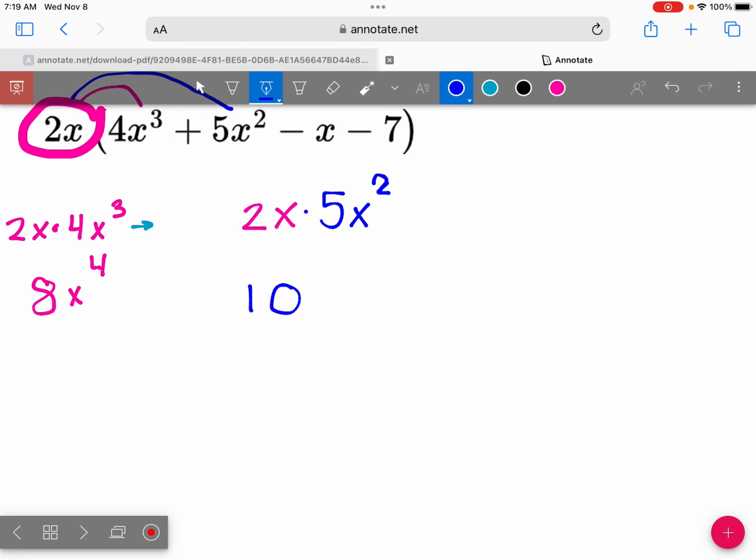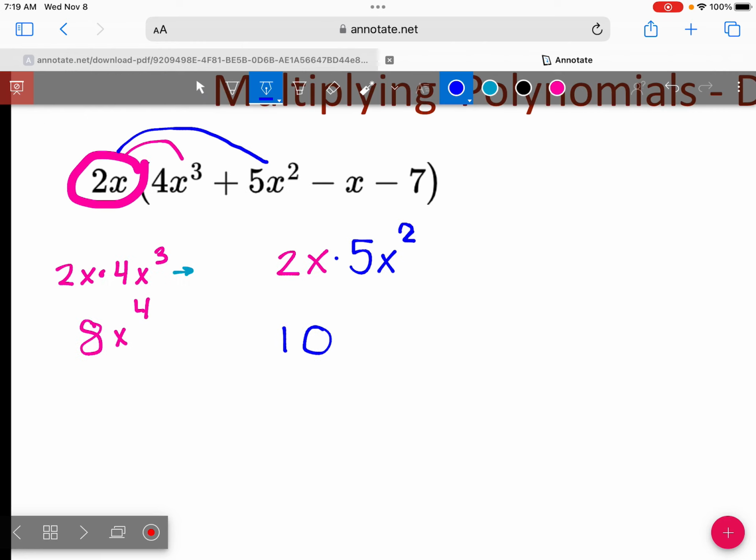X times x squared gives us how many x's? 3. So our x squared times our x gives us 3 x's. So 10x to the 3rd, right?